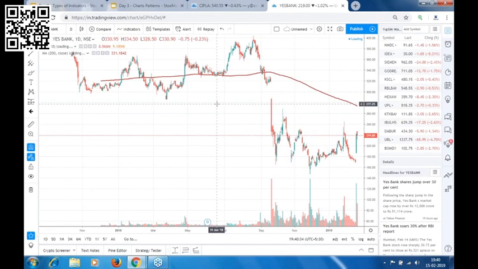And when the slope is in a downtrend, the stock is also in a downtrend, and the stock is trading below the 200 moving average, so we can say that the stock is in a downtrend. So with the use of moving average, we can identify the trend, and these moving averages can also act as your support and resistance.